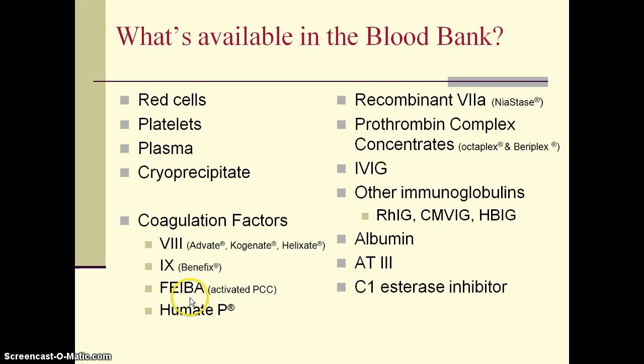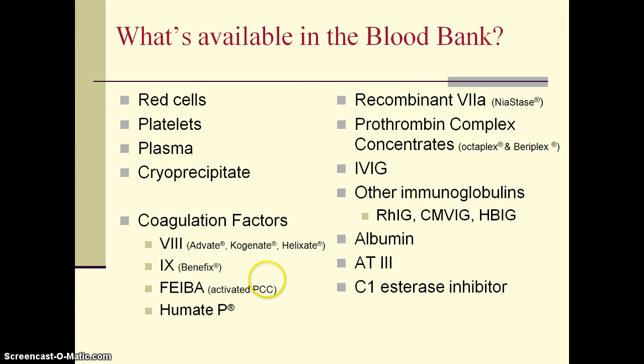Going on, FEIBA stands for factor 8 inhibitor bypass agent and is also known as activated PCC. FEIBA is used for the treatment of acquired factor 8 or 9 deficiency for which the patient has already developed an allo antibody against the factor 8 or 9 as a pathologic process.